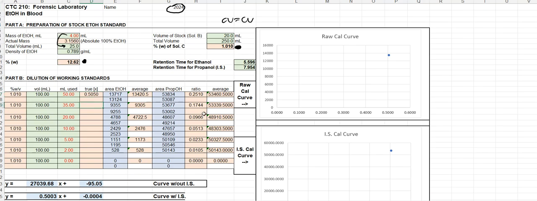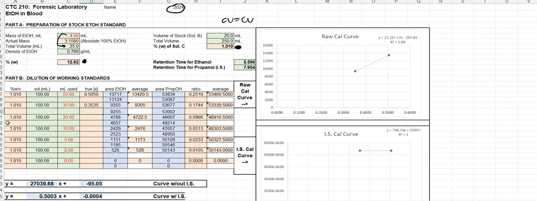All right, so I'm going to do the same thing for standard number 5. So I hit equal. I'll open my parentheses up. I took that concentration again, and this time I delivered 35 milliliters of that stuff. So I closed the parentheses off, and then I'm going to divide by the total volume, which is going to be 100. C1V1 equals C2V2.